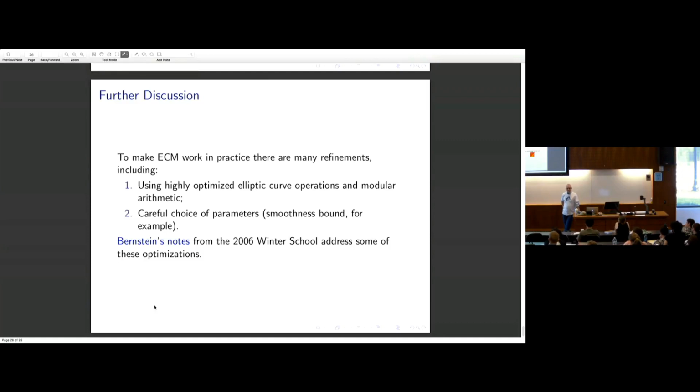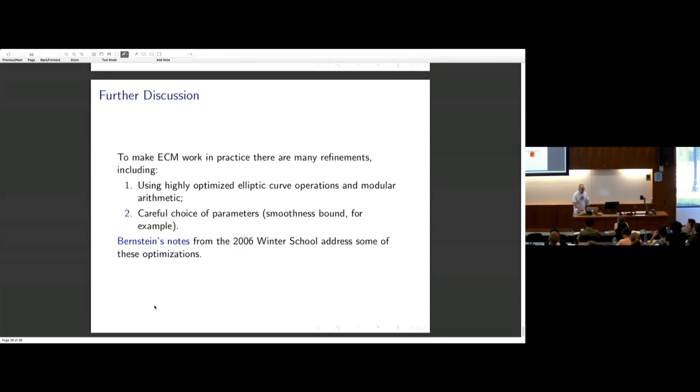These days people use the number field sieve, which is a completely unrelated approach to this sort of problem. ECM made some news when it first came out because it knocked off a couple of the Fermat numbers, but very quickly got stuck. It was then the quadratic sieve that factored the next Fermat number after that.